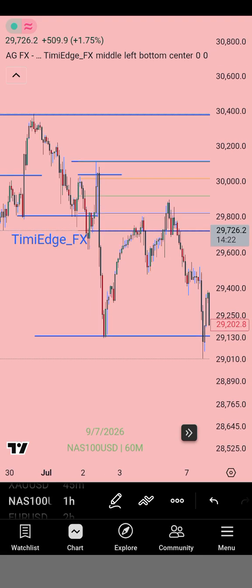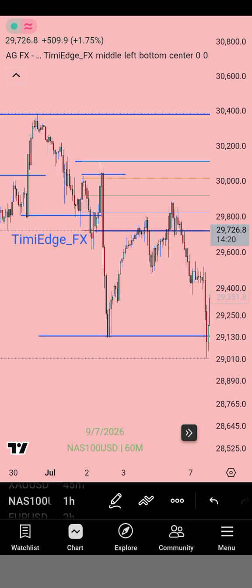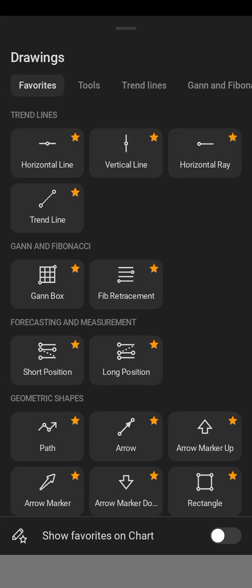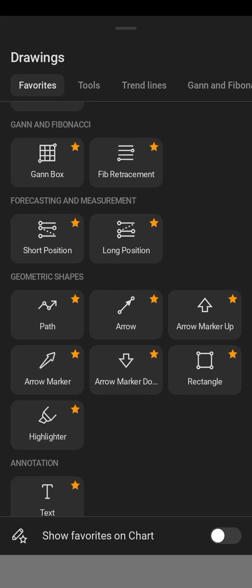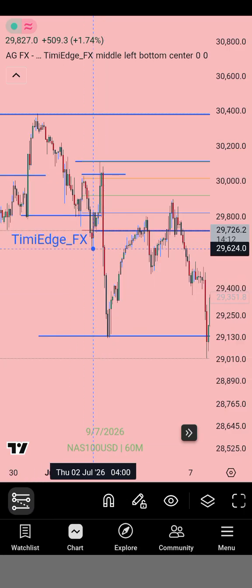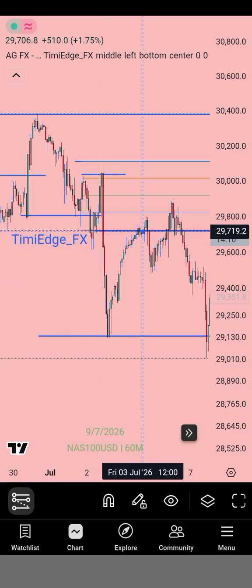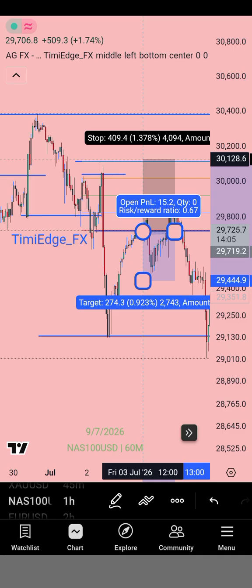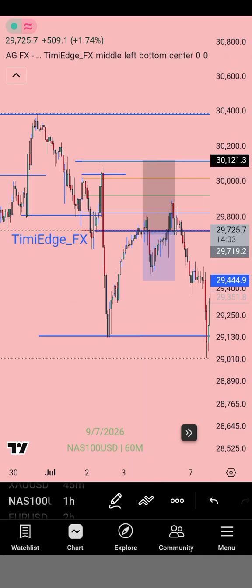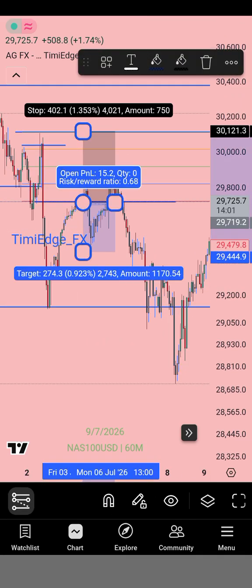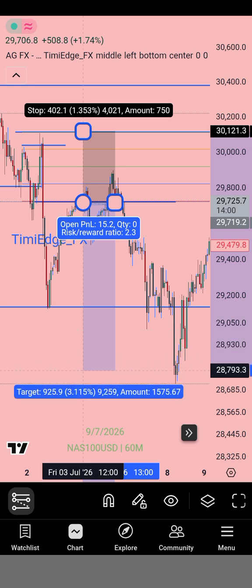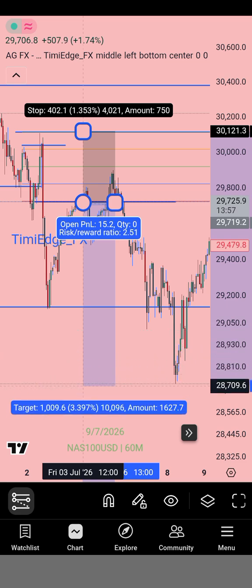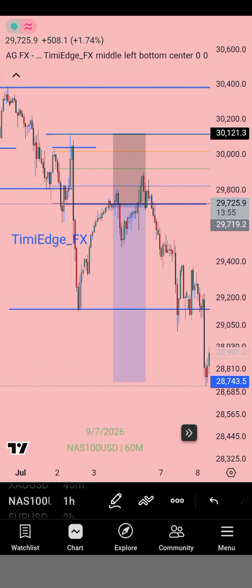So what do I do next? I try to set an order block using this same level, then my stop loss was around here, right? Then I pushed price lower, right?